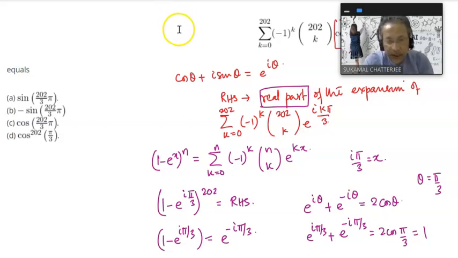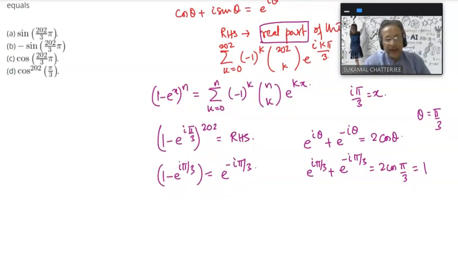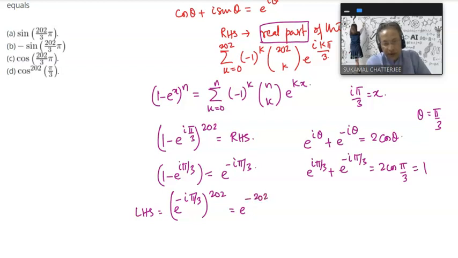So therefore, the left hand side can be written as e to the power minus i pi by 3, to the power 202, which is e to the power minus 202 i pi by 3.